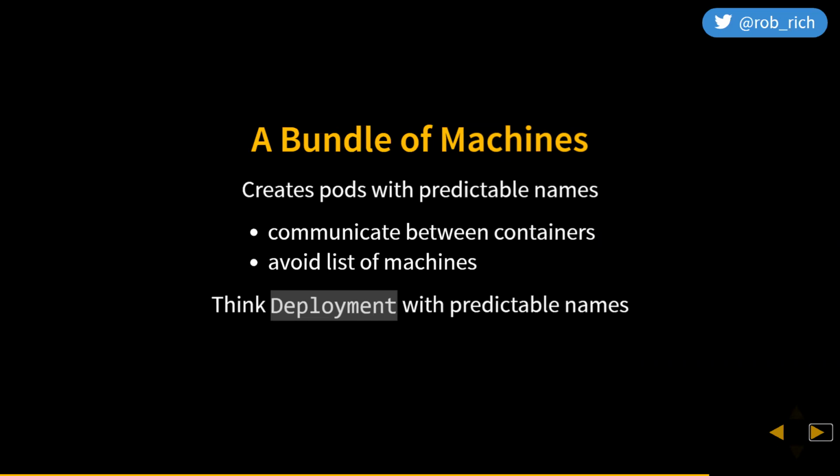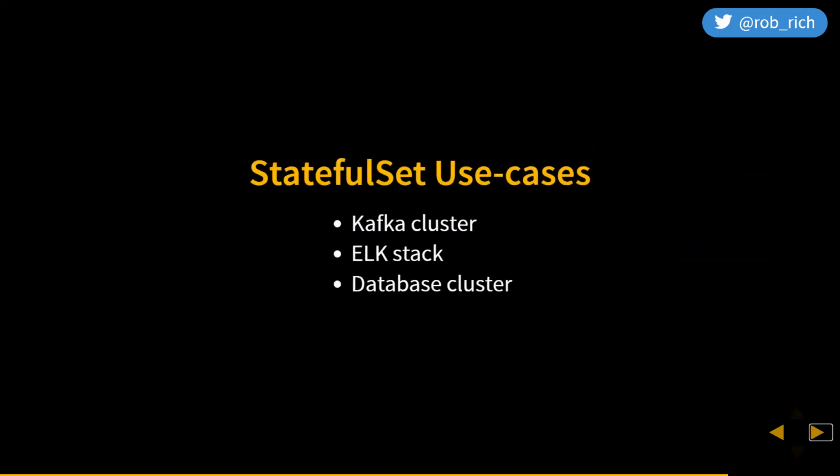It's basically a deployment with predictable machine names, predictable pod names. So I might use it for Kafka, for ELK, for a database cluster, anything where I need lots of different pods communicating together to be able to store this stateful data store.